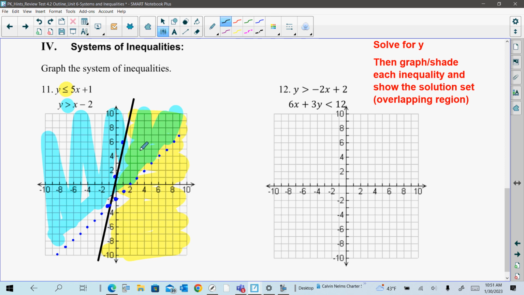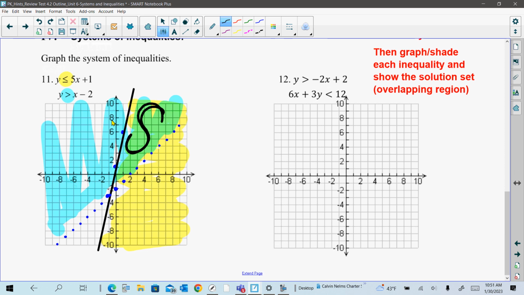So in this little section right here, you're going to put a capital S, because that's where the solution set is, where they overlap. So you're going to have to shade on this section, section 4. Make sure you know how to shade correctly based on the symbol. Less than is below, greater than is above.